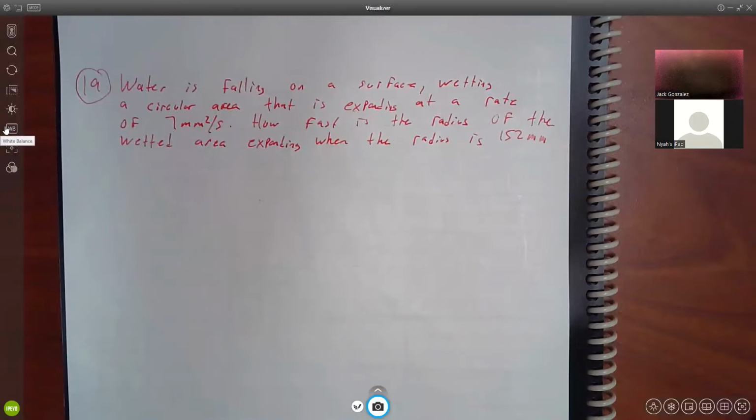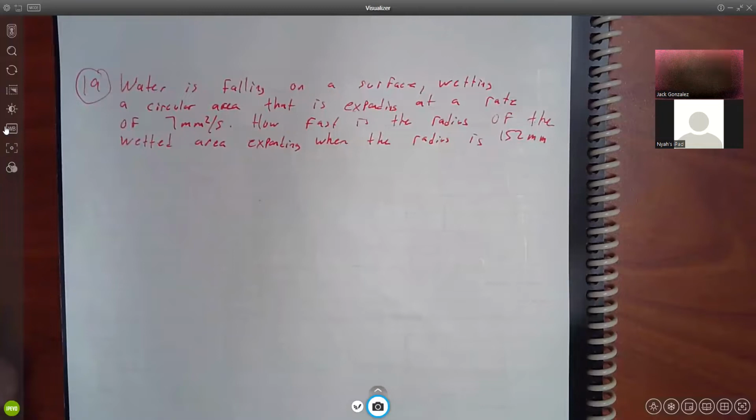So we have an area of a circle that is growing as it gets wet. You guys picture water droplets popping up, this spreading, right? And the spread is measured in square units because this is area.